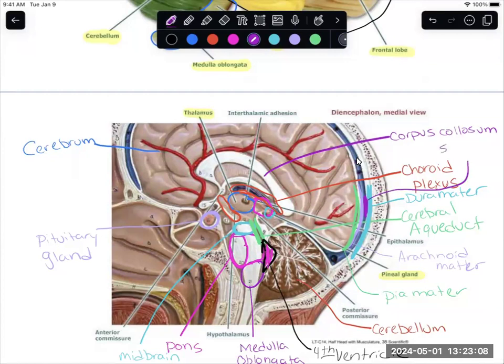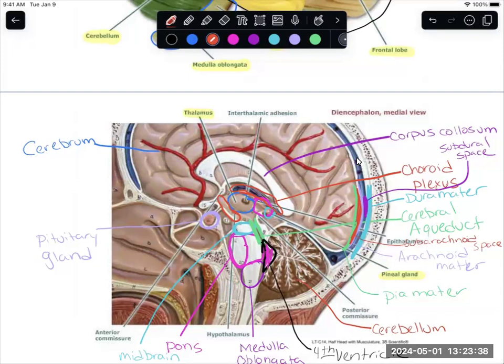That is that subdural space. And then we technically have between this purple and this green going through here, that is that subarachnoid space.